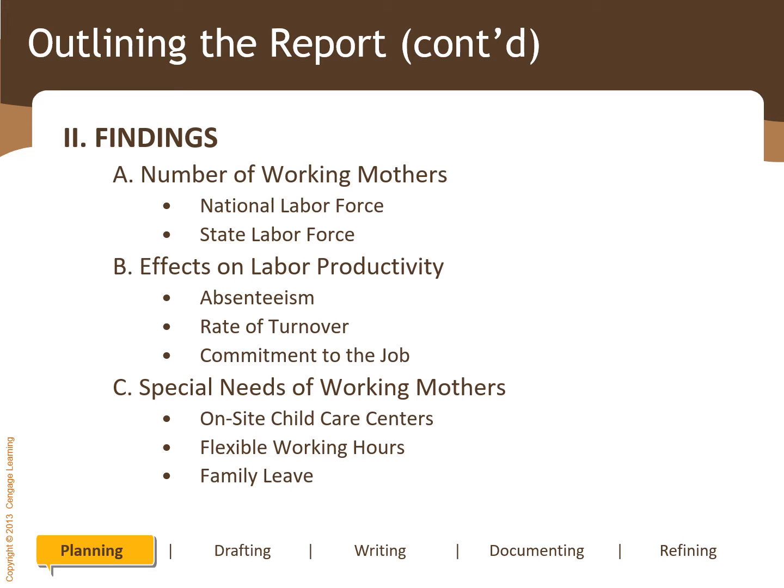It could be more depending on how long the report is and what type of criteria you used, what type of questions you asked, etc. So in here we have the number of working mothers. That's a good way to start, by giving your readers, by giving your audience some background information so that they would be able to understand the different dimensions of the topic. In B, we have the effects on labor productivity.